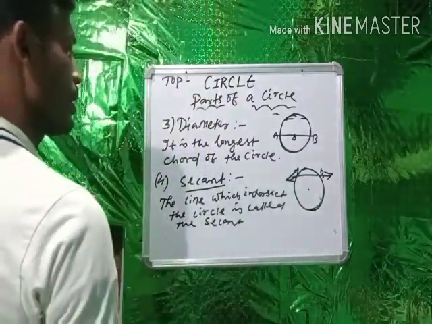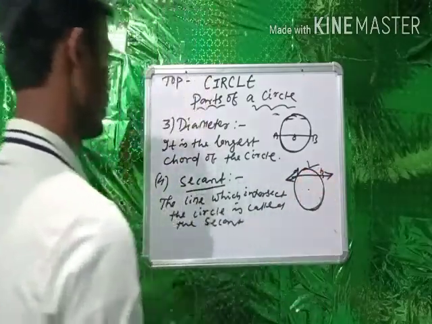So AB is called the secant of the circle.